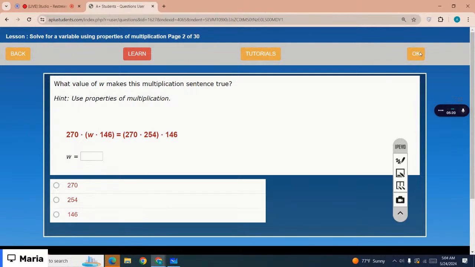Both sides have exactly the same numbers, right? So W is the missing number. Here you have 270, here you have 270, and here you have 146.